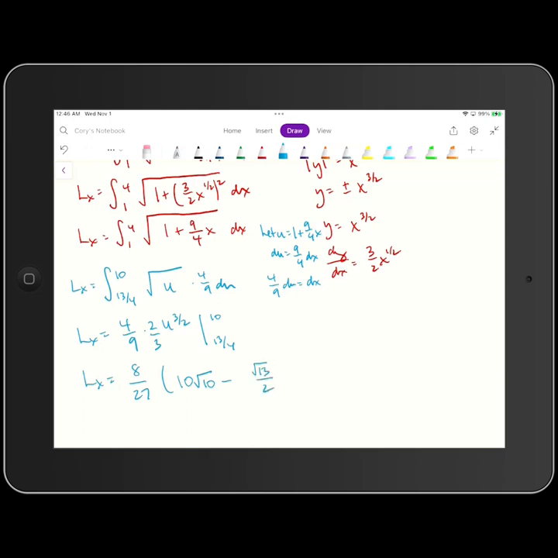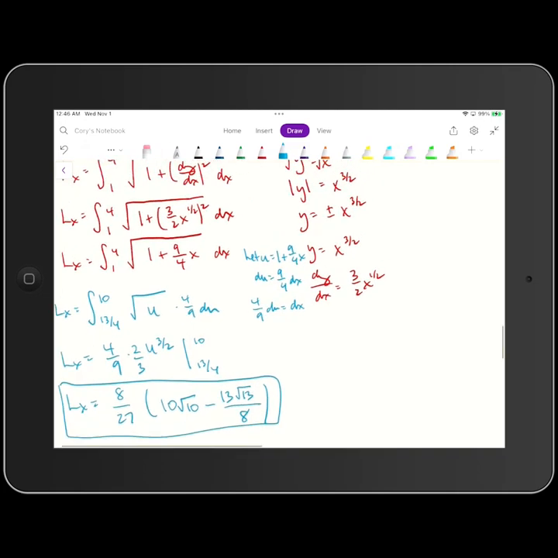And then when I cube that, that's going to become 13 rad 13 all over 8. And that right there is arc length with respect to the variable x.